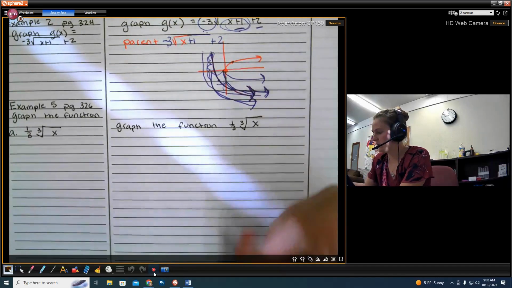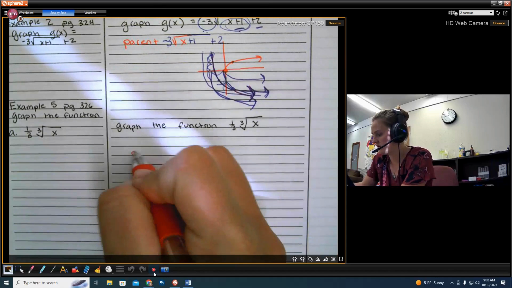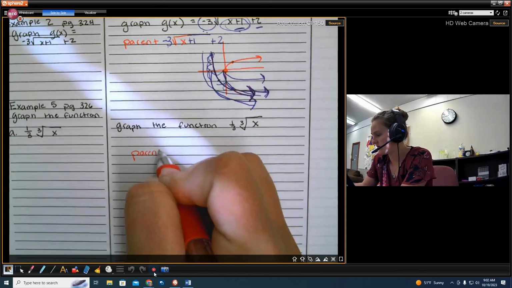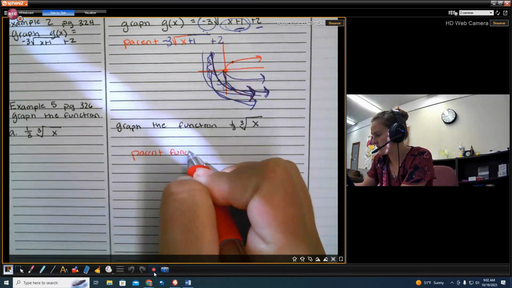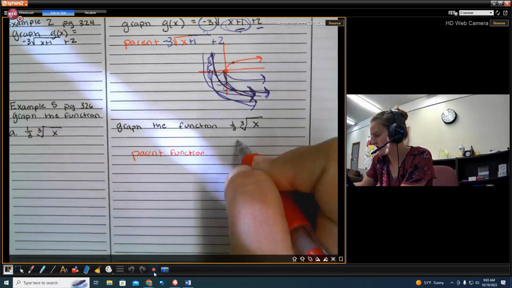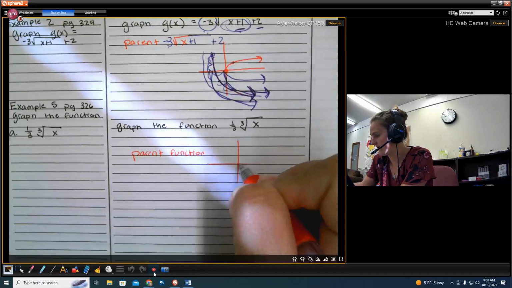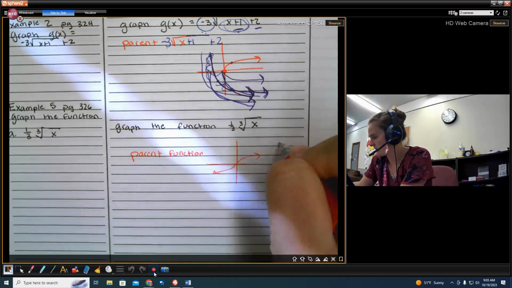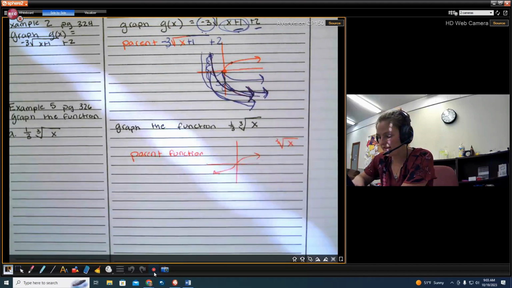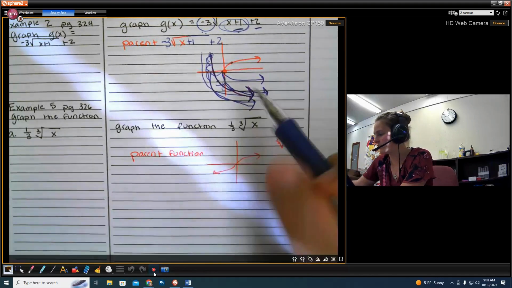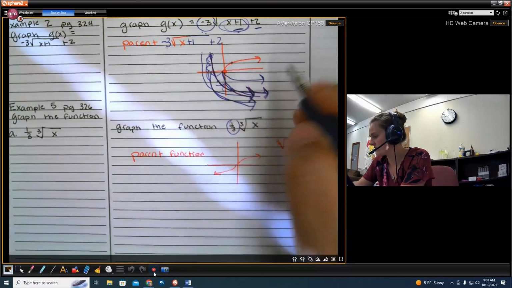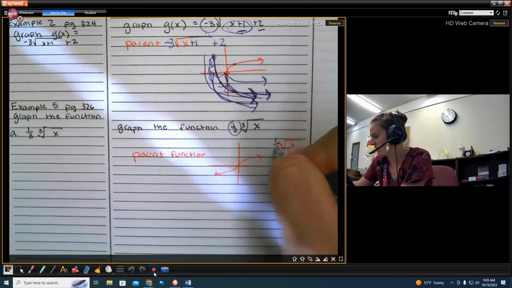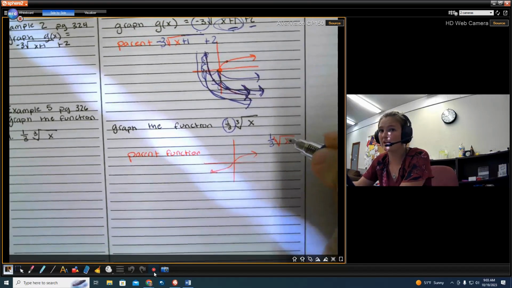All right, so we start with the parent function, which just looks like the cube root of x. And the only thing that's happening to that parent function, and again, I'm going to put my transformations in blue, is this 1/3, and that is going to be a compression because it's less than 1.